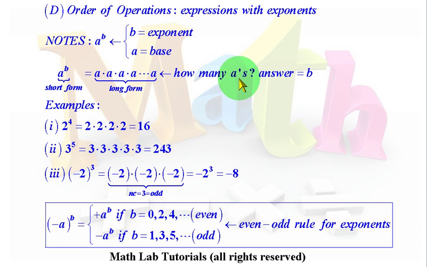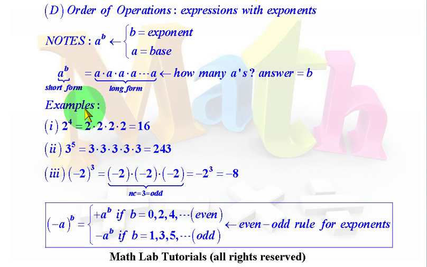How many a's are there? Of course, the answer is b. So b, the exponent, is a frequency count for the number of a's that are being multiplied in the product string.